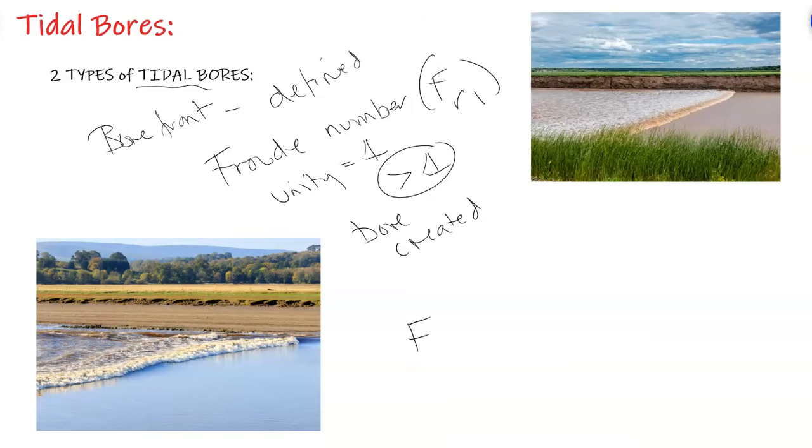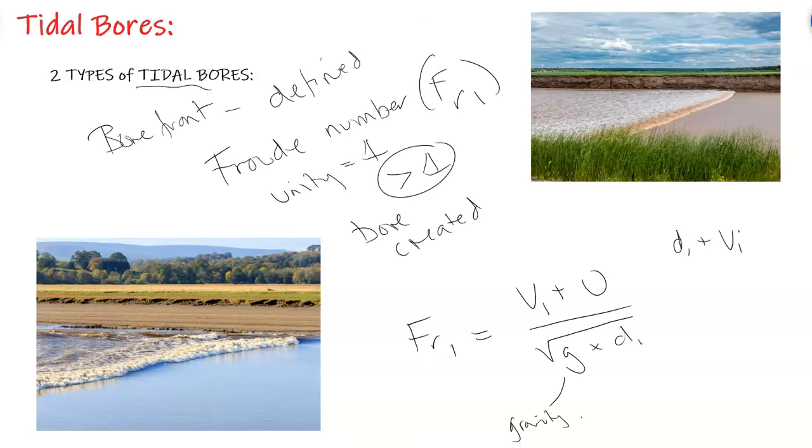So if you guys love the equations, and your little math gets you excited, here we go. All right. So we have the G, which is gravity. We have D1 and V1, which basically are the upstream internal flow.